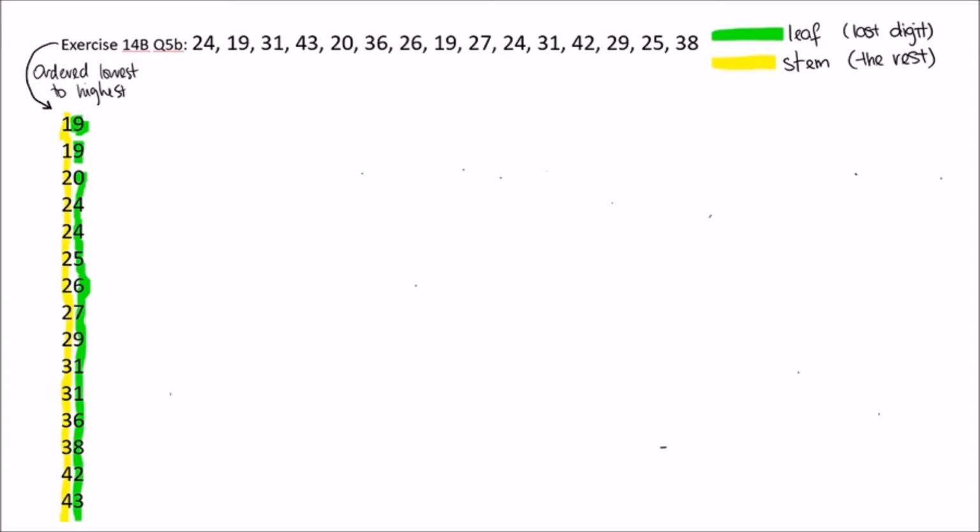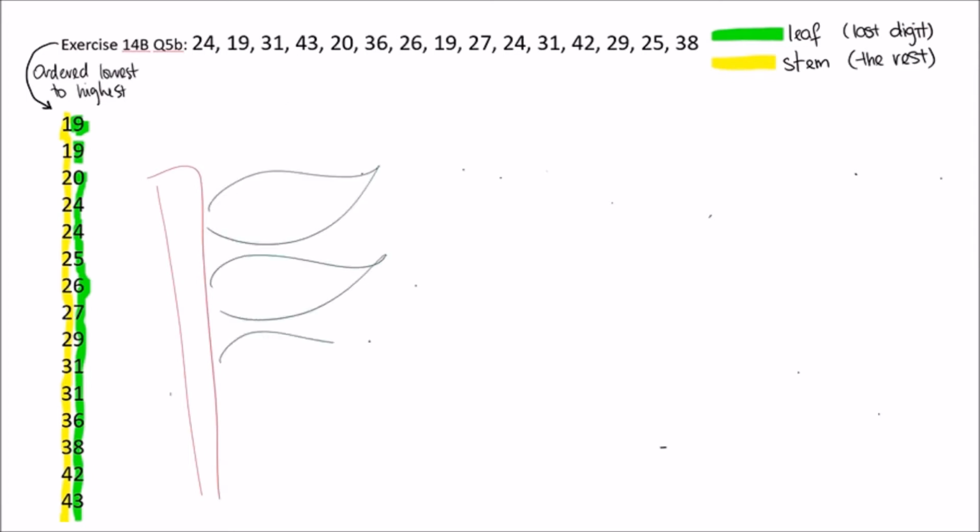Let's see. So for a stem and leaf plot, I'm just going to draw what it kind of looks like and where it came from. So here is our stem and our leaves. Now I'm going to label it a stem for those who can't tell my drawing apart. And here is our leaf.